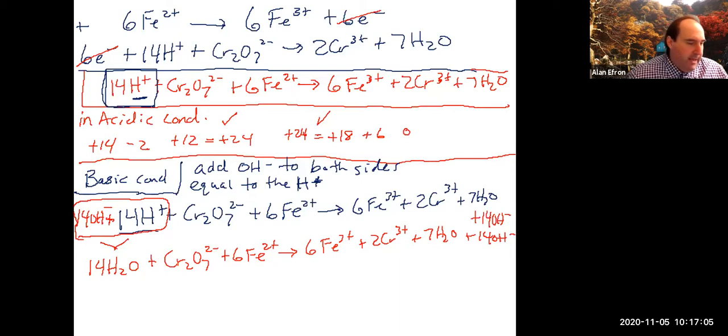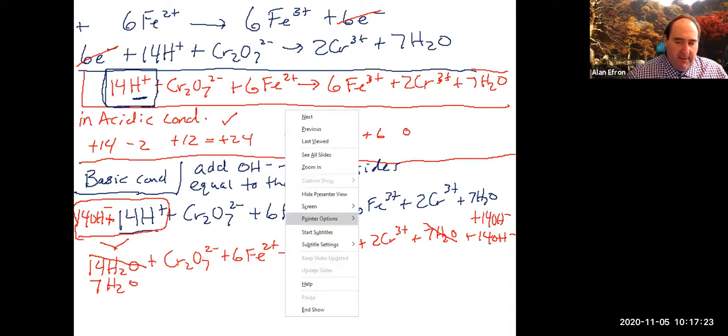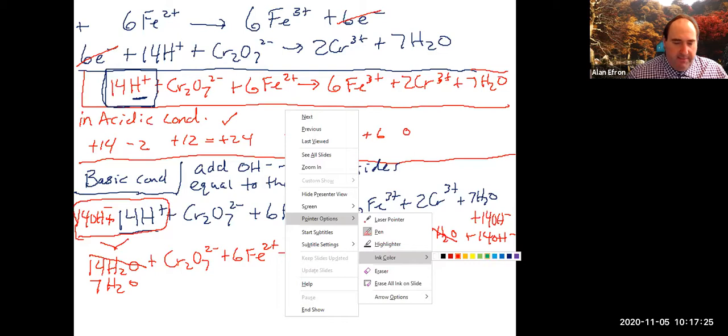And what will typically happen at this point is, once you combine to make the water, you usually will have an opportunity to reduce down the water. So 7 waters here, we'll subtract off 7 from here and leave us with 7 waters. And that's going to leave us our now balanced equation here in basic conditions.